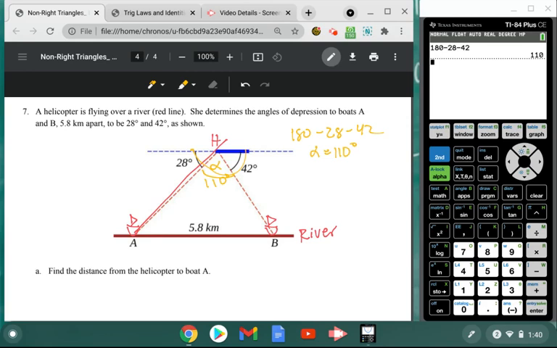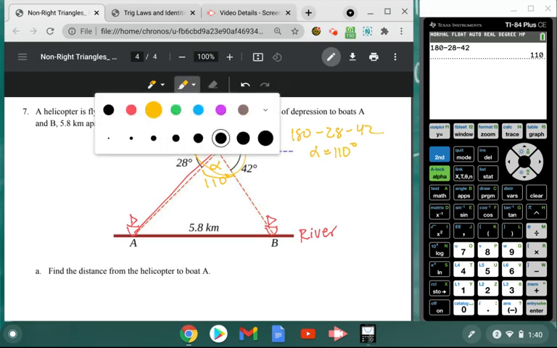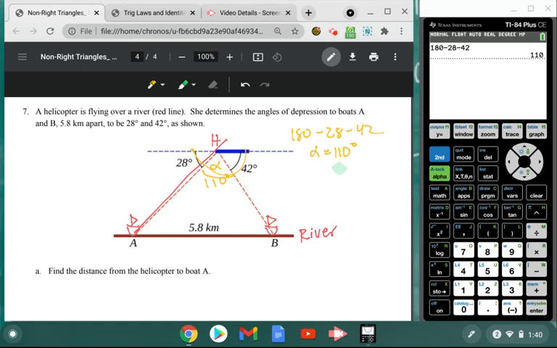So now we've got A and the side opposite. We need another angle. The nice thing about these angles here is that we have what we call vertical angles. These are opposite angles. So this angle and this angle are the same. So these are both 42 degrees. So this is 42 degrees.